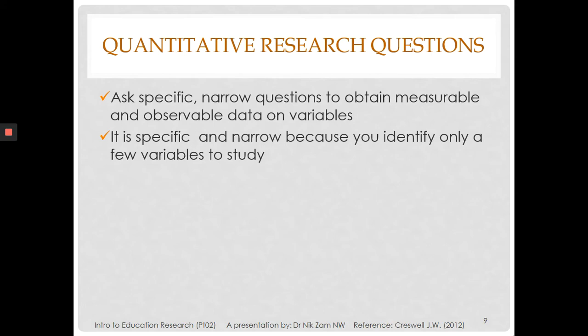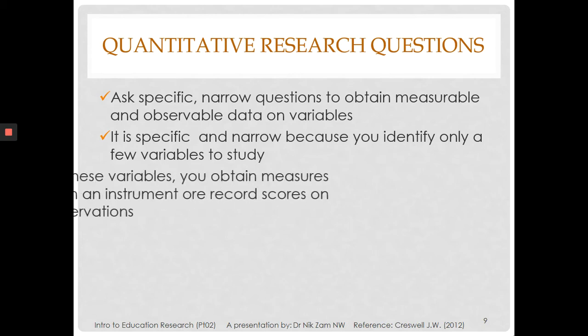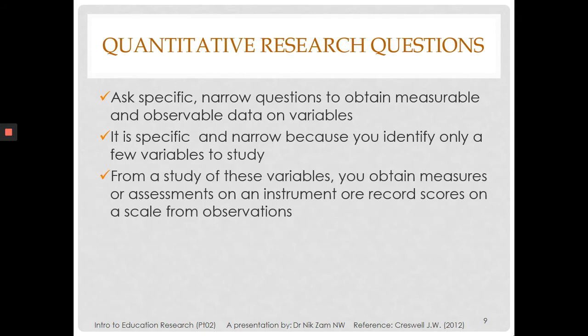It is specific and narrow because you identify only a few variables to study. Okay. From a study of this variable, you obtain measures or assessment on instrument or record score on a scale from observation. Okay.